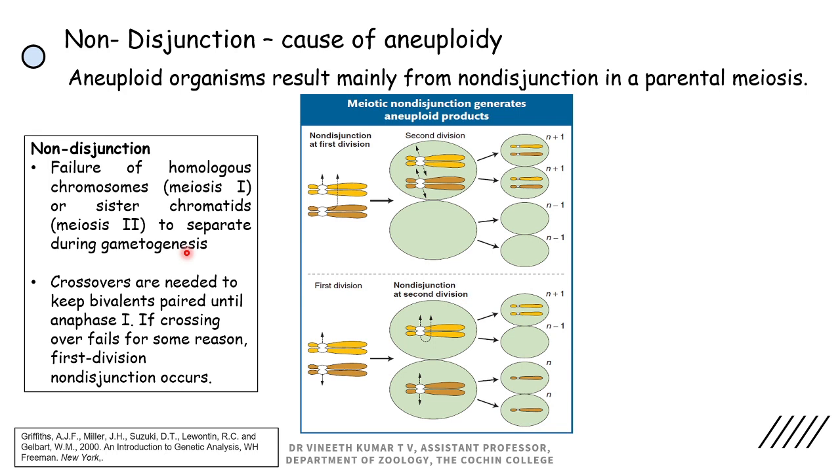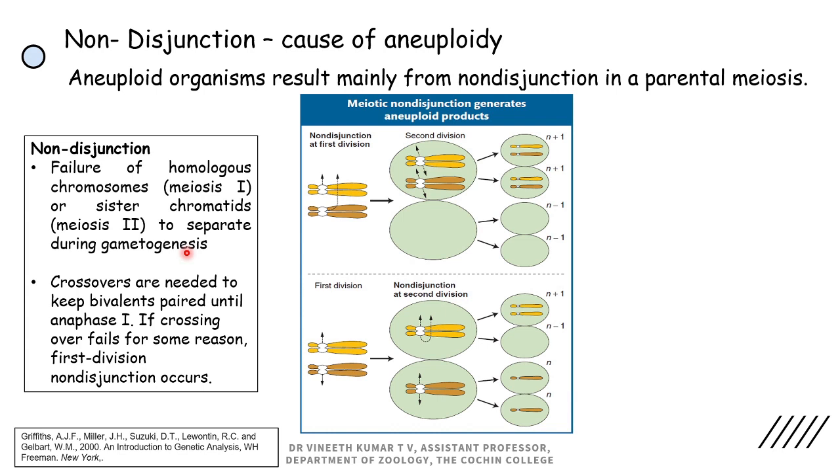That is the reduction division, and they move to opposite poles. If that fails, this homologous pair may move to one of the gametes. As a result, one will have a loss of a chromosome, and the other will have a gain of a chromosome.